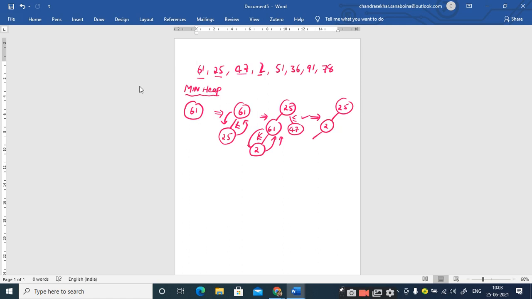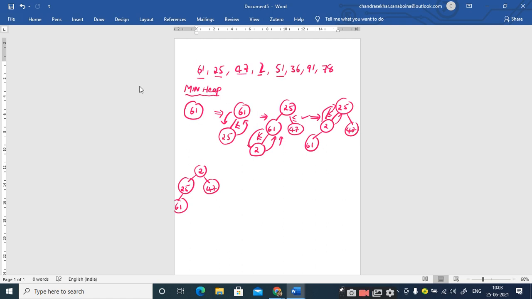Here I get 61 and 47. Here also you have to check again whether it satisfies the heap property or not. Here 25 is not less than 2, therefore you should make a swap operation here also. So after the swap operation I get the heap as 2, 25, 47 and we have 61 here.